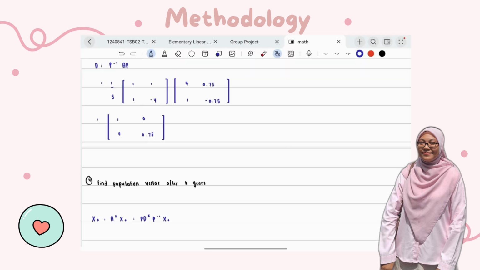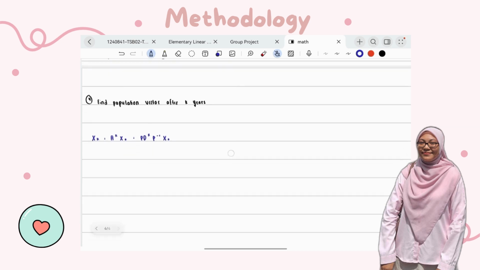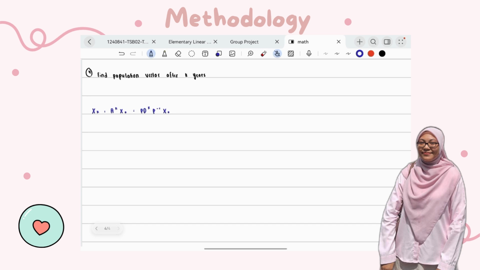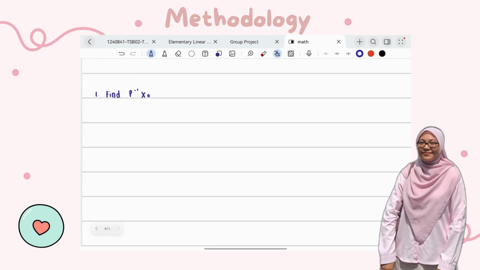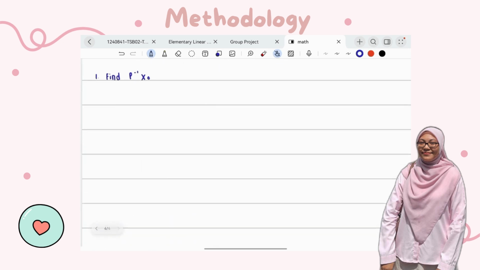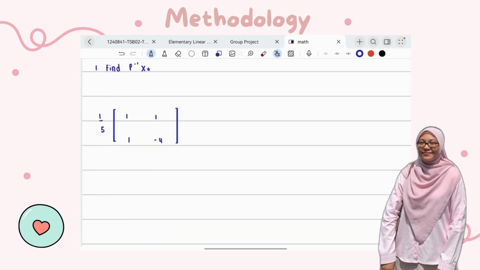Next, we want to find the population after k years. We use the formula x sub k equal to P D to the power of k multiplied by P inverse and x initial. So we begin by multiplying P inverse with the initial population, which is the vector of 500,000 and 500,000.